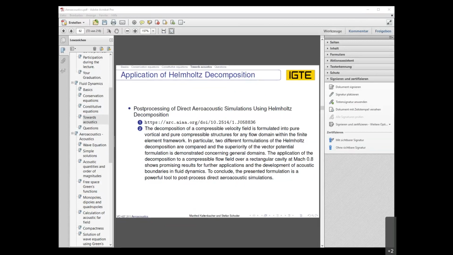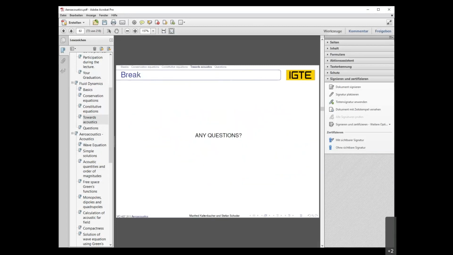Probably you just follow the web link and you will find also some graphics on how acoustics looks like and stuff like that. So if you're interested, just go to the web link there and you will find some further information. Okay, any questions?